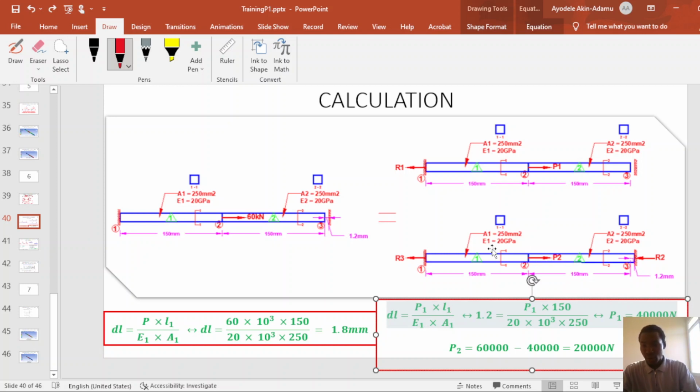For this question, if P2 acts on this structural body, when the structural body just touches the support, P2 will stretch finite element 1 in tension, while finite element 2 will be in compression. So the extension in finite element 1 is equivalent to the compression, or the reduction in length, in finite element 2.